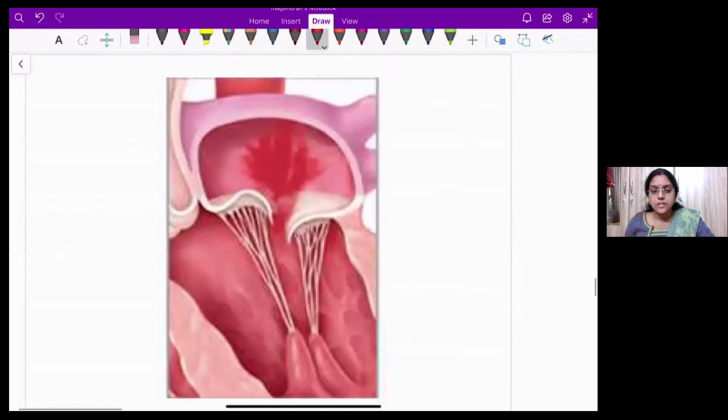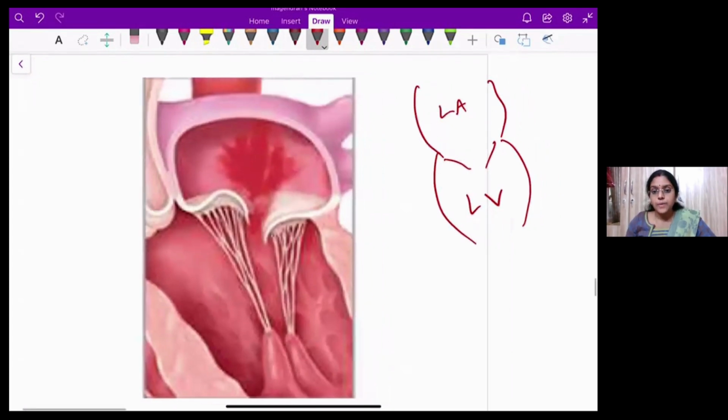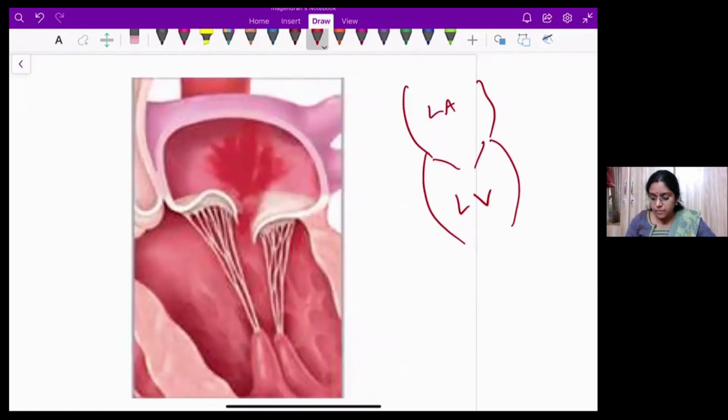What is mitral regurgitation basically? We saw the mitral valve is between the left atrium and the left ventricle. When blood comes from the left atrium into the left ventricle, this valve is not closing properly.